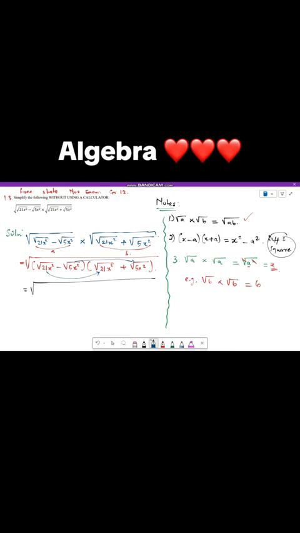We'll say the square root of 21x squared multiplied by the square root of 21x squared, then negative, since positive times negative gives that negative, then the square root of 5x squared multiplied by the square root of 5x squared.